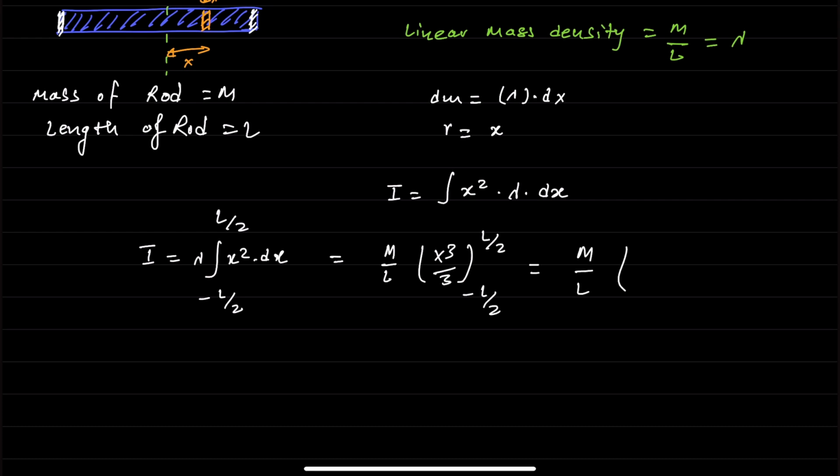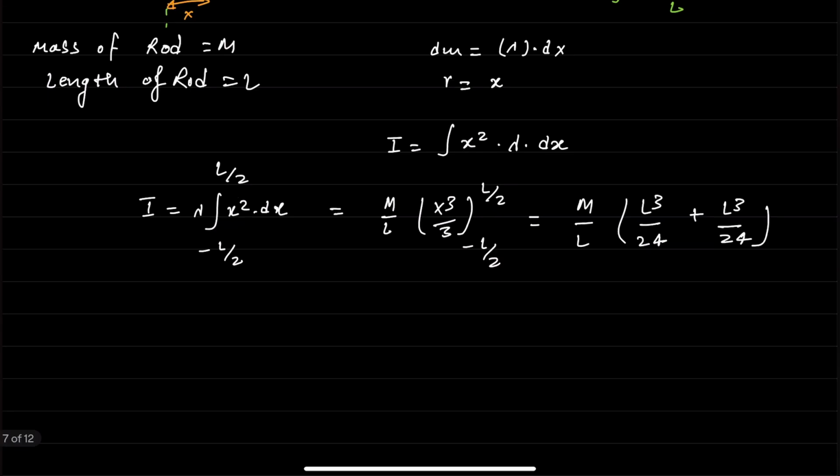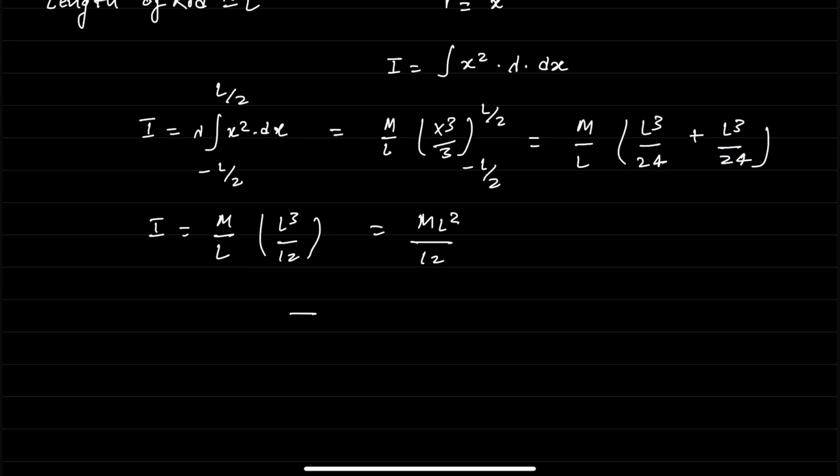So m by L, if we substitute first L by 2, it will be L cube divided by 24, and minus plus, because one minus is with the x cube and one with the lower limit, it will become plus L cube divided by 24. So I will be m by L times L cube divided by 12, or you can say mL square divided by 12. So I for the rod about the center of mass axis and perpendicular to the rod will be mL square divided by 12.